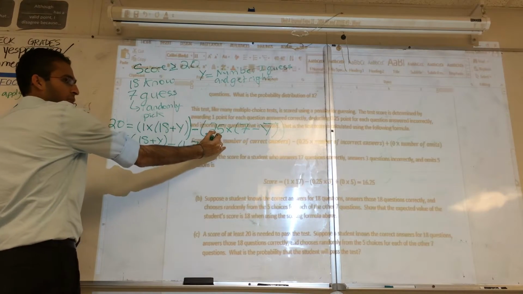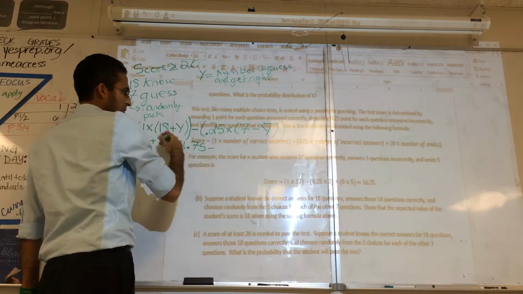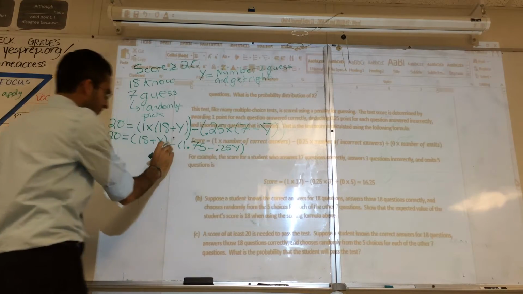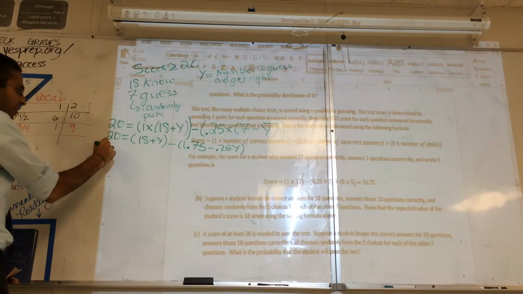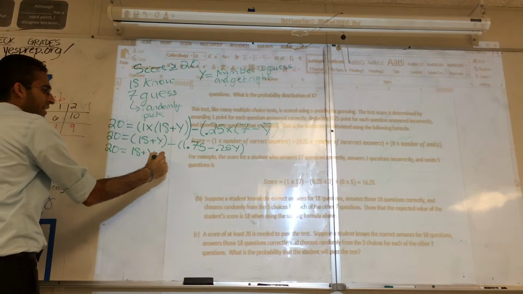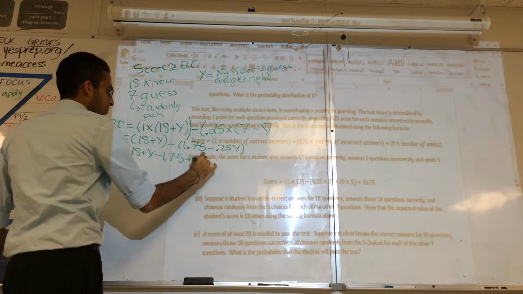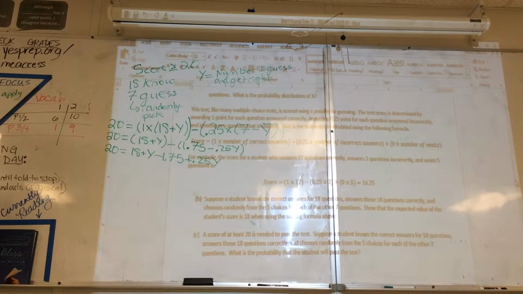And negative 0.25 times negative y is plus, so we keep the minus out here, minus 0.25y. We'll deal with that in a little bit. All right, so now we'll just continue simplifying. We have 20 equals 18 plus y minus 1.75, and the negative and negative is plus 0.25y.